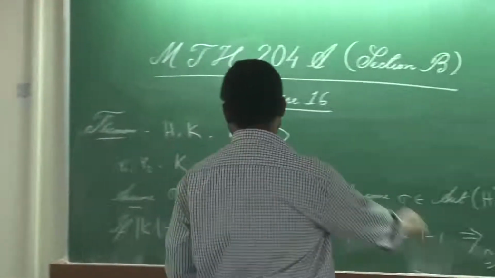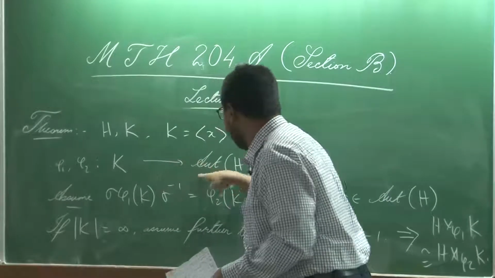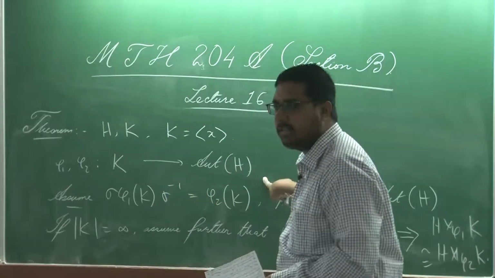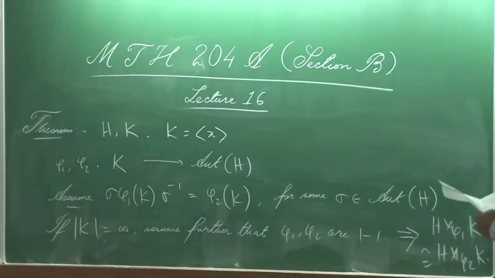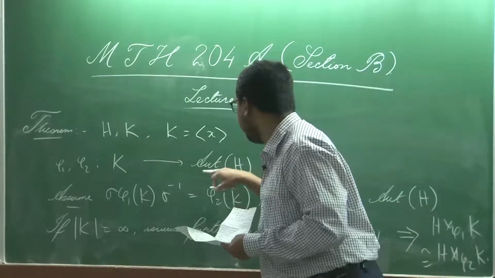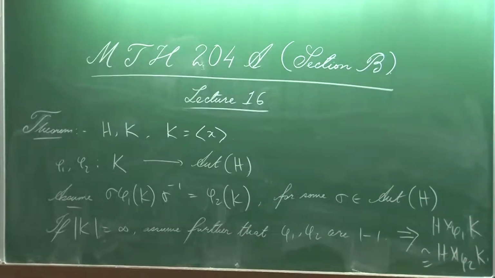If both of them are Sylow P subgroups of Aut H for some prime P dividing the order of this group, then the semidirect products must be isomorphic.